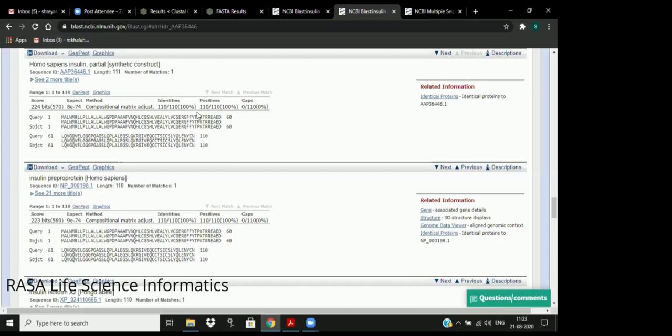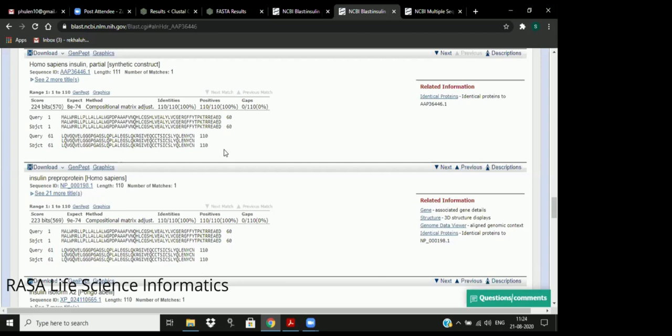Identity is represented by alphabets. The middle line which you see is actually the result line. If in the middle line an alphabet is written, it means that it is identity. And if there is a plus sign, it means that it is similarity.